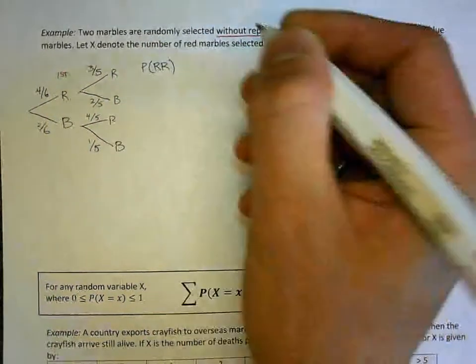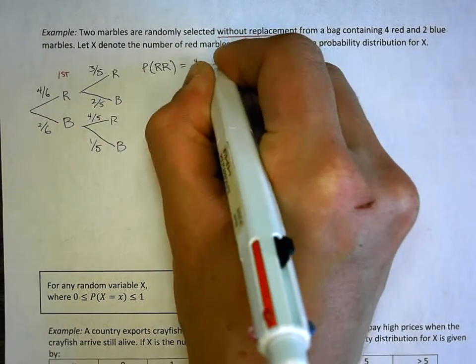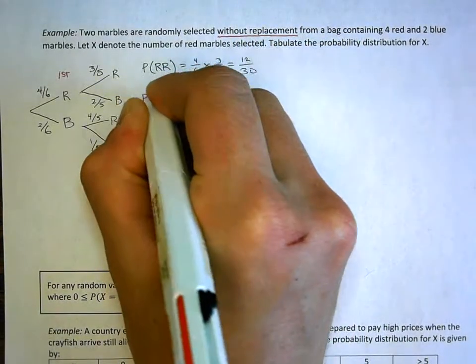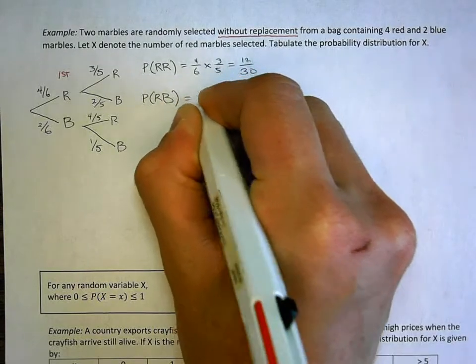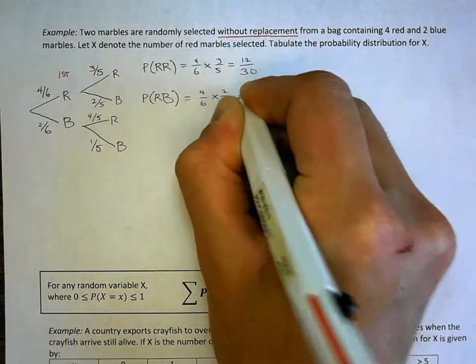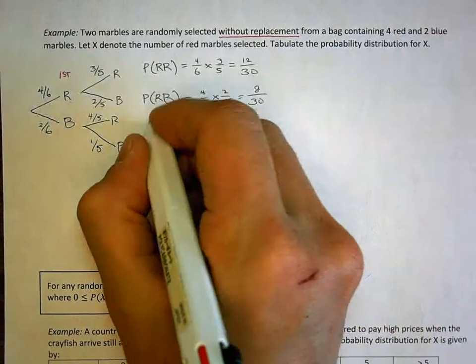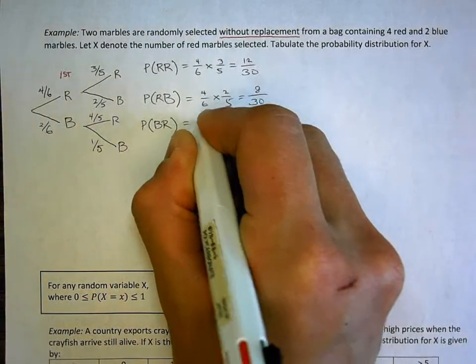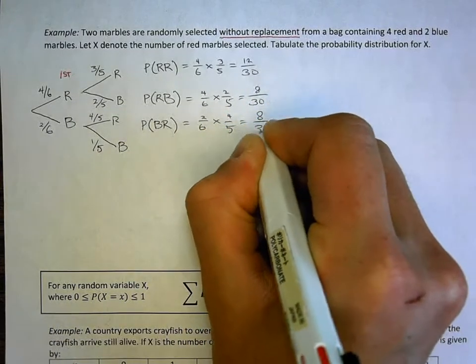So the probability of red-red, well that's, I multiply, so 4 over 6 times 3 over 5, which gives me 12 over 30. The probability of red-blue, which is 4 out of 6 times 2 out of 5, which is 8 out of 30. The probability of blue-red, which is 2 over 6 times 4 over 5, which is also 8 over 30.